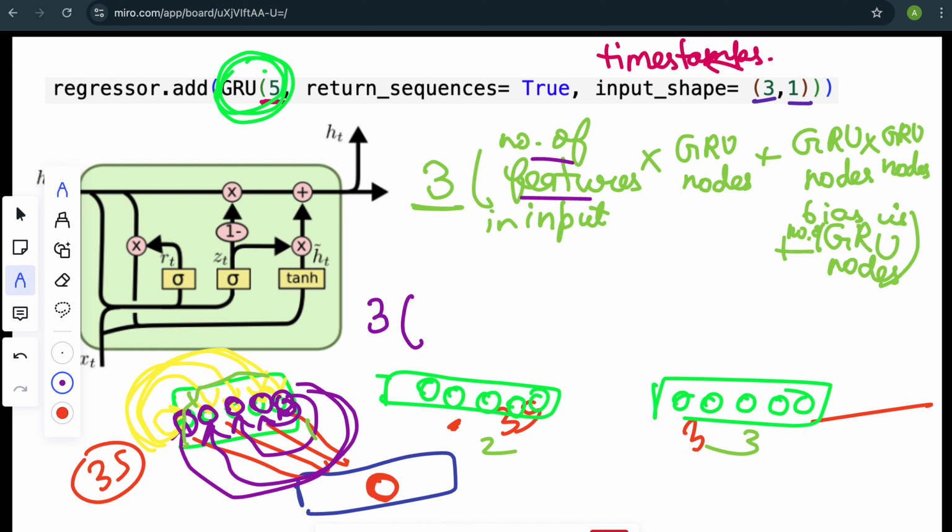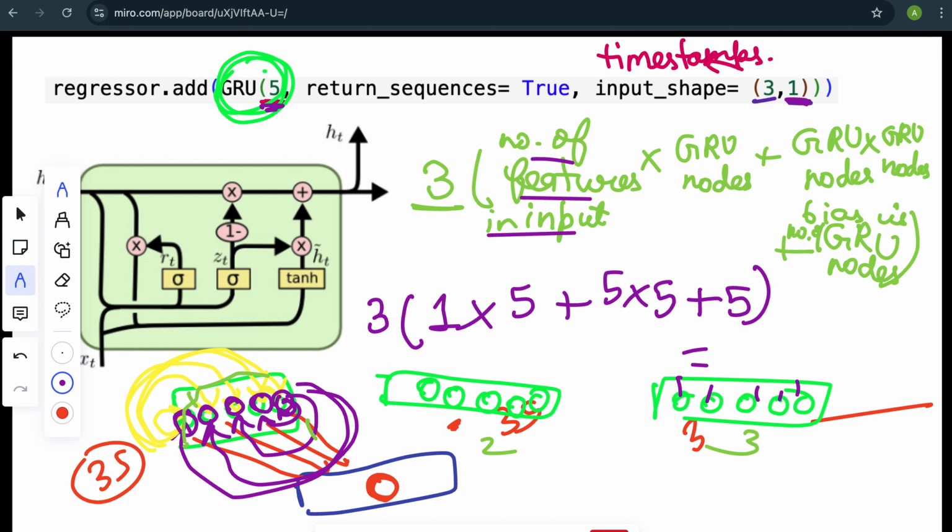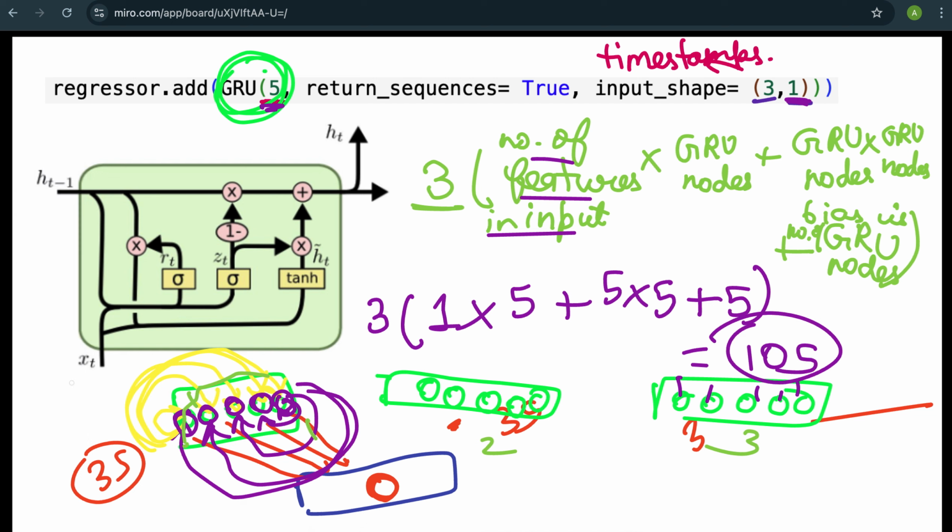The number of input features is 1 times GRU nodes, which is 5. Then GRU nodes connecting with itself is 5 times 5. And then how many biases are there? 5 biases. What was the answer earlier? I believe 105, right? So there are a total of 105 trainable parameters in this GRU layer.